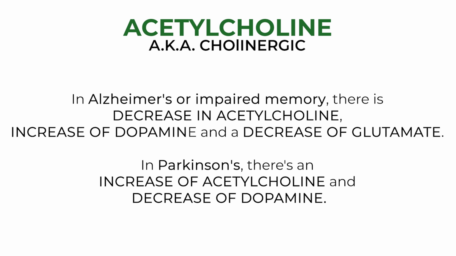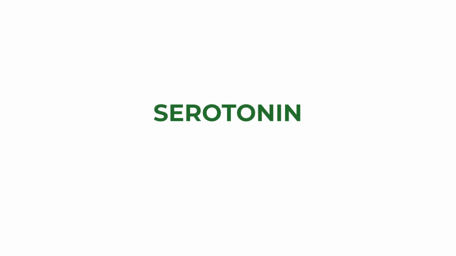So the glutamate is also low. So we have a decreased acetylcholine, increased dopamine, and a decreased glutamate in Alzheimer's disease. So since we said it's an opposite of Parkinson, let's further emphasize that in Parkinson's disease, there's going to be increased acetylcholine because it does the opposite, and a decreased dopamine. And that explains that.